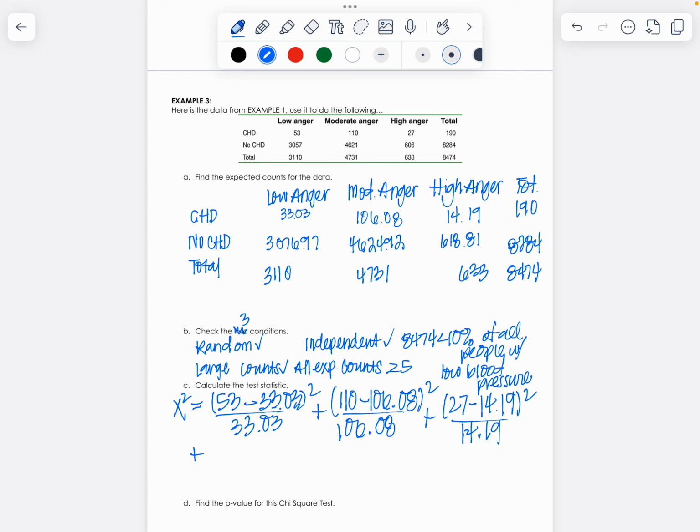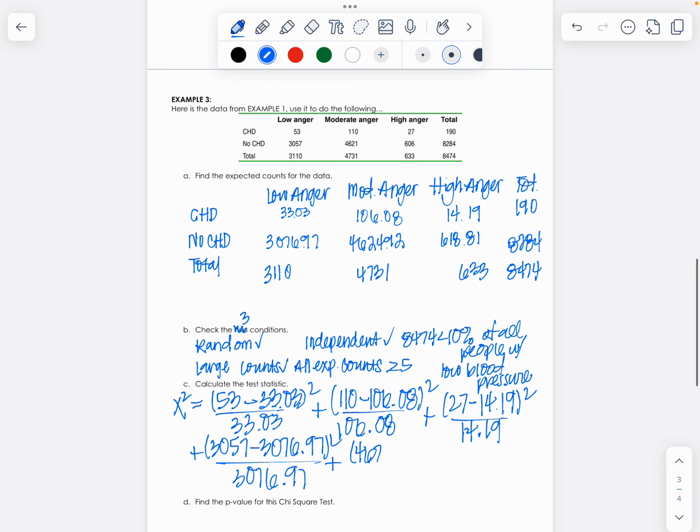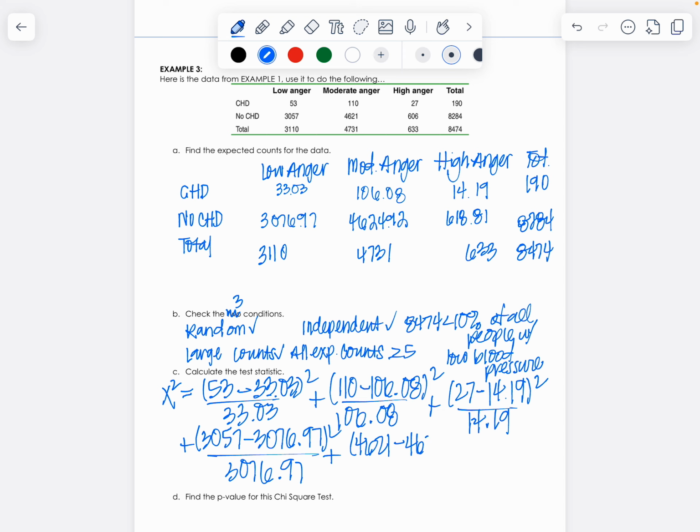Then our second row is 3057 minus 3097, 4621 minus 4624.92, I'll just squeeze it in, and then 606 minus 618.81.